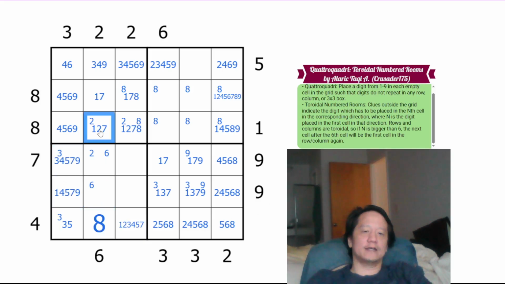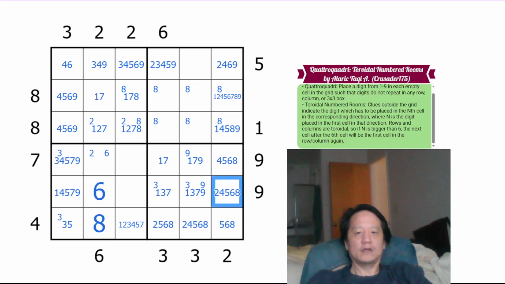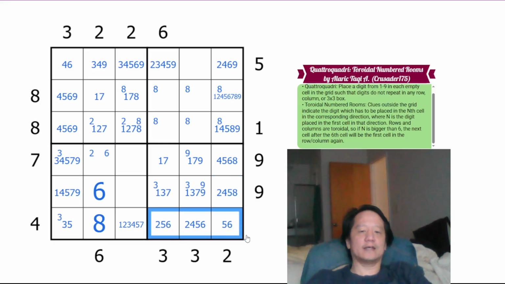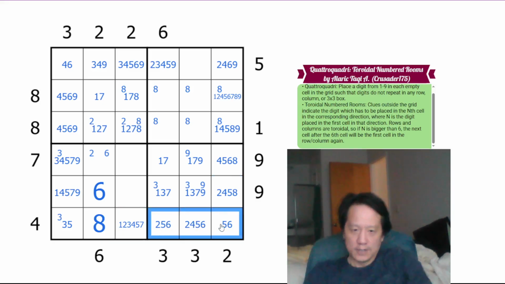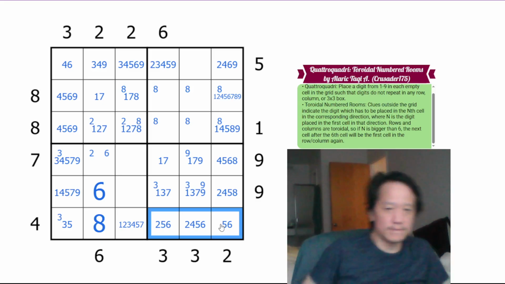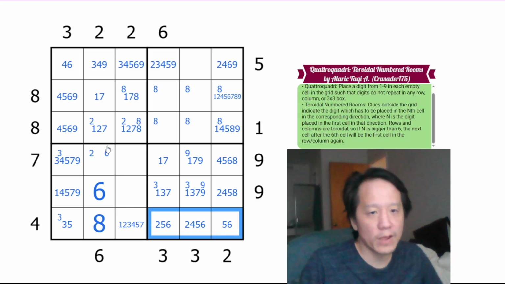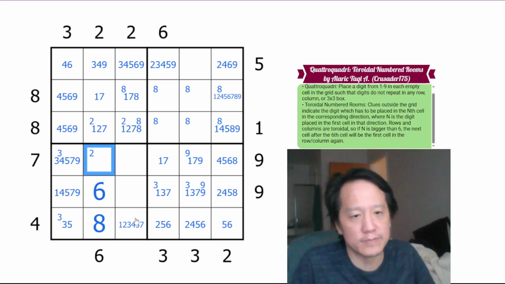That's saying 6 has to be in the 8th position. So it's 1, 2, 3, 4, 5, 6, 7, 8, obviously. So that's 6. 6 cannot be here. 8 cannot be here. That's interesting. This obviously can't be 6 anymore.